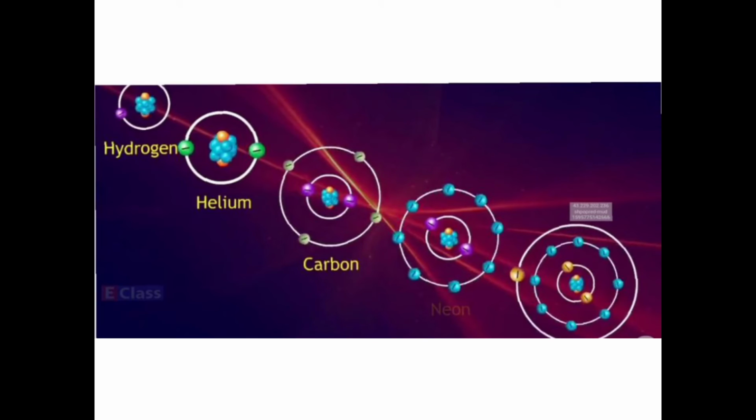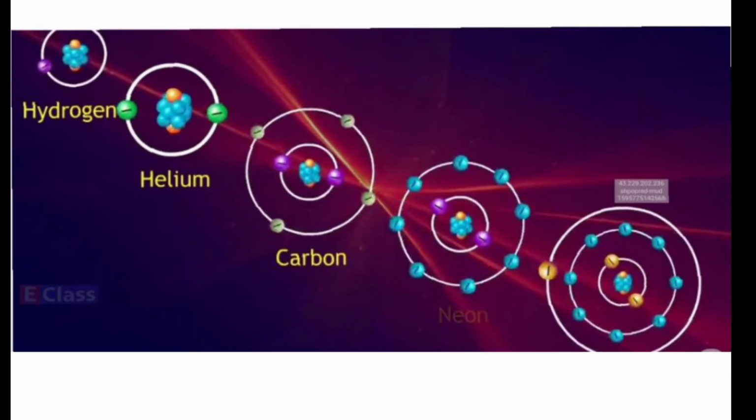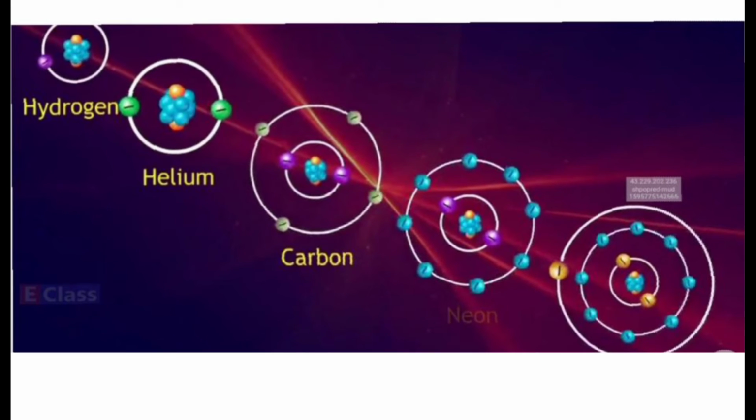So to understand that, now let us take the example of all these elements. See, first is hydrogen, then helium, then they have given the example of carbon, and then I think it is given 2 and 8, so it is neon, and then you have sodium, I think 2, 8, 1.